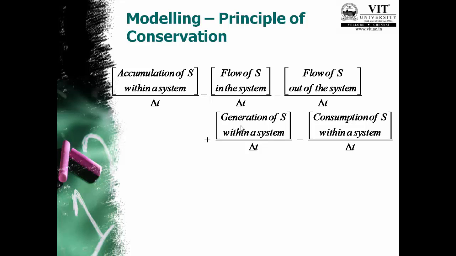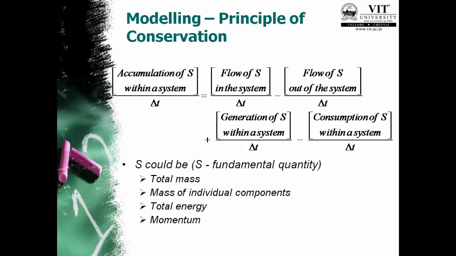So generation of S within a system over a period of time minus consumption of S within a system over a period of time. So this S represents the fundamental quantity in the process. So according to the process, this capital S could be total mass or mass of individual components or total energy or momentum.